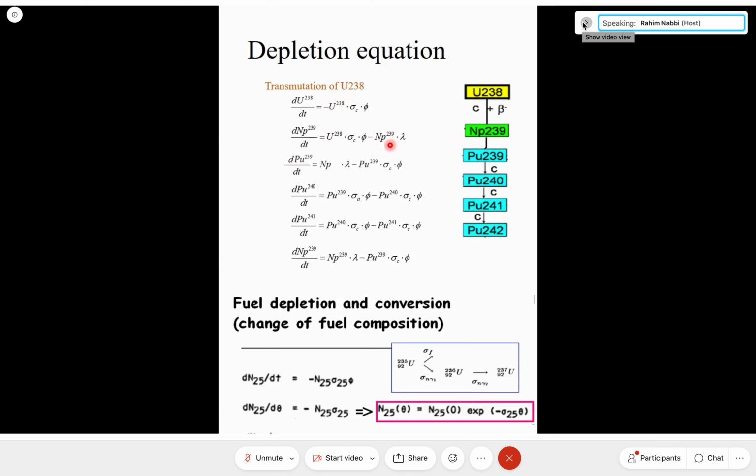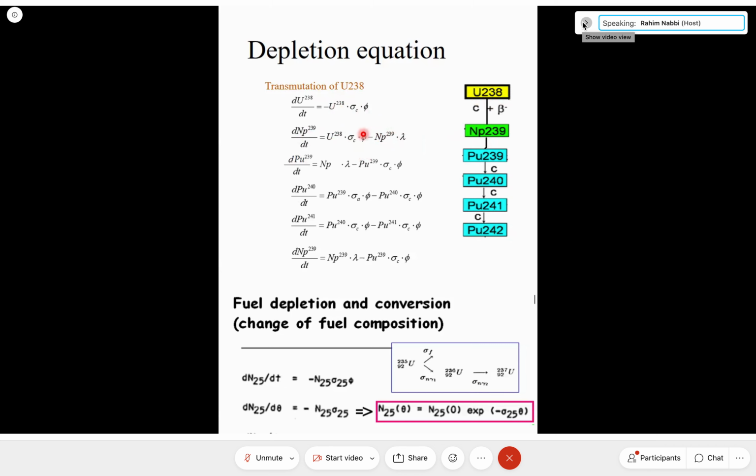And the other one, because neptunium-239 is a radionuclide with a given half-life, a very characteristic decay constant, lambda, that would be the activity, that means the loss term.